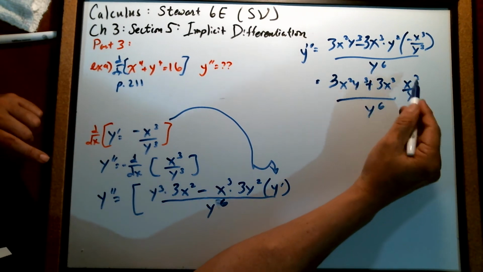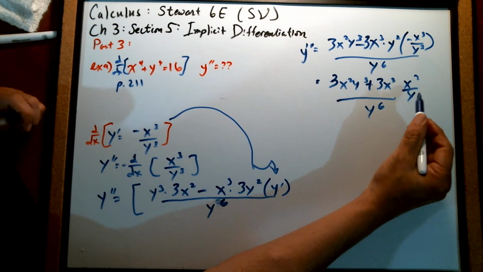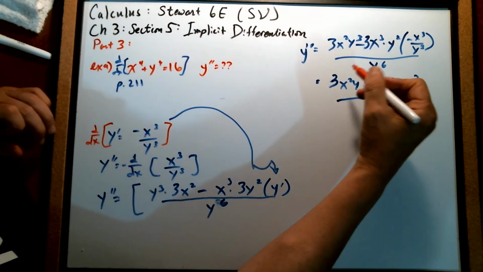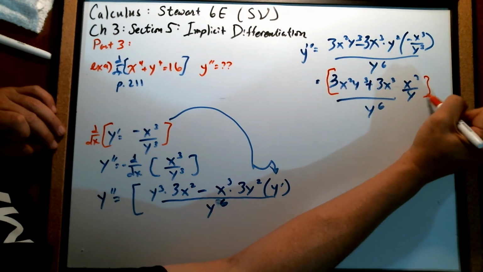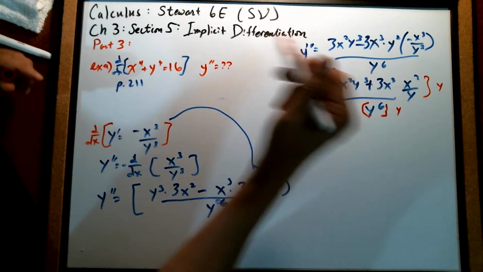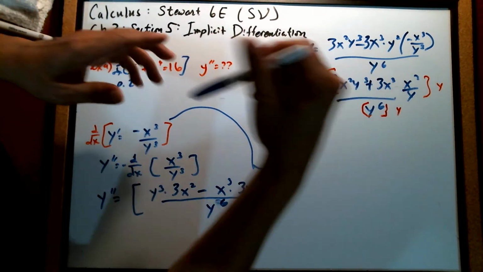Now, since you have two terms in the numerator over y, I'm going to bust that fraction. What I'm going to do is multiply by the common denominator, which is just y over y. Let's distribute the y to the first term.